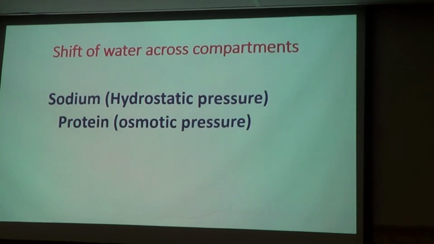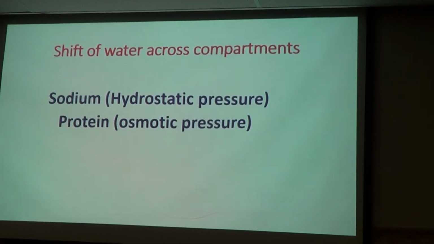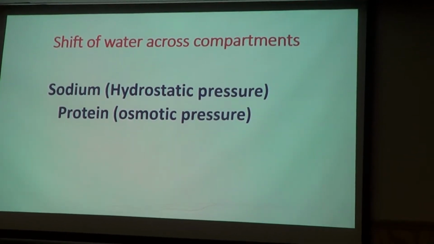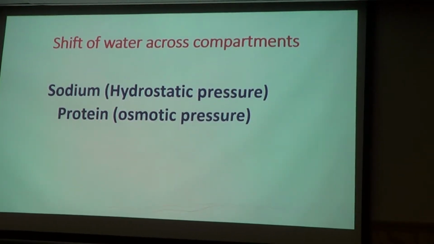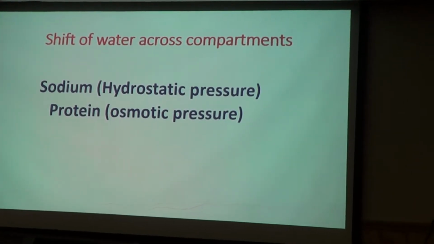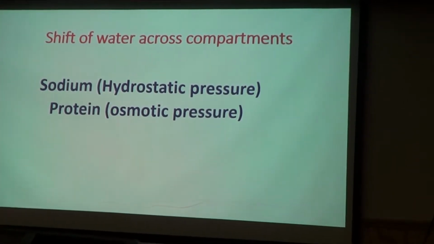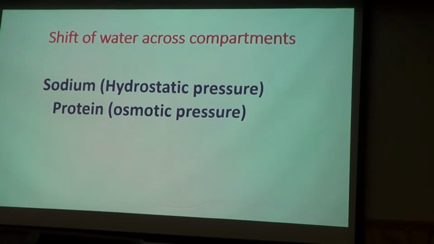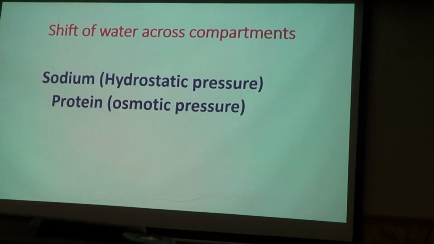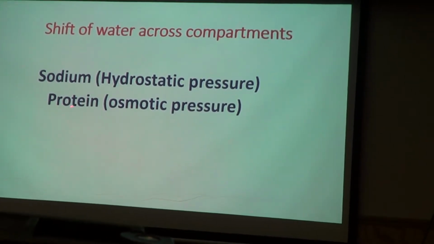And if you don't have protein, which is the oncotic pressure, people who are malnourished, people who have liver disease, people who lose protein in the kidney, tons of it, blood protein is down, they have swelling because their oncotic pressure has dropped.